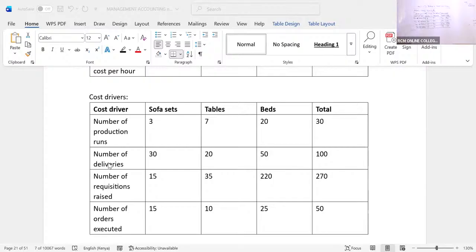And then, of course, there may be other additional cost drivers, most probably machine hours, labor hours. For you to see whether there are additional cost drivers, go back to the overhead items you are given.